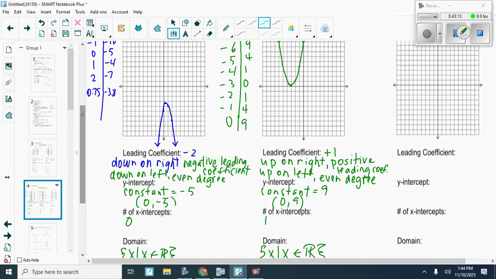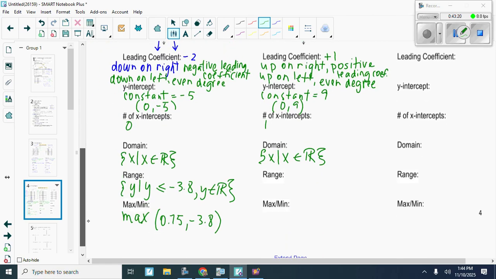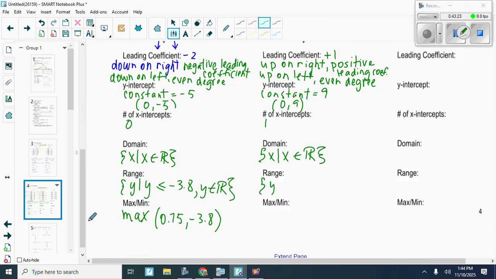So our minimum here is on the x-axis, when y equals 0. So our range is y such that y is greater than or equal to 0. The graph exists where all the y's are greater than or equal to 0. This one had a minimum value at (-3, 0).